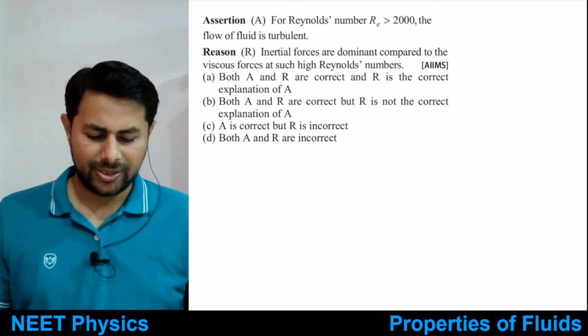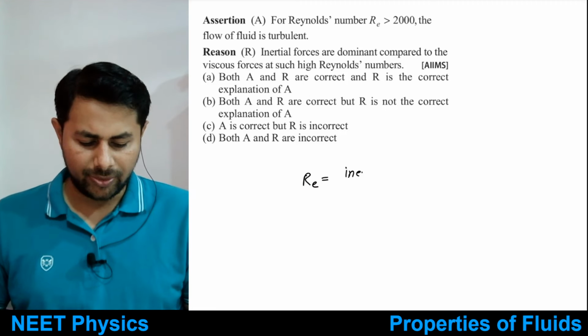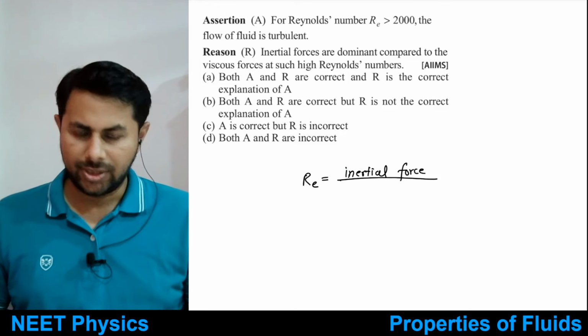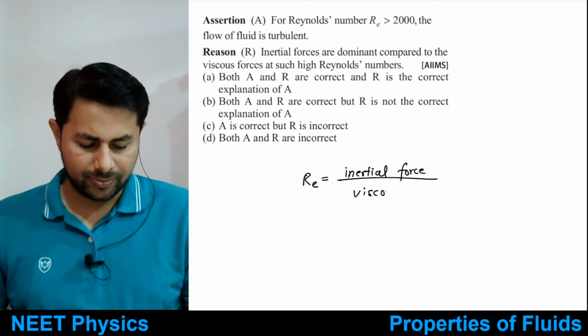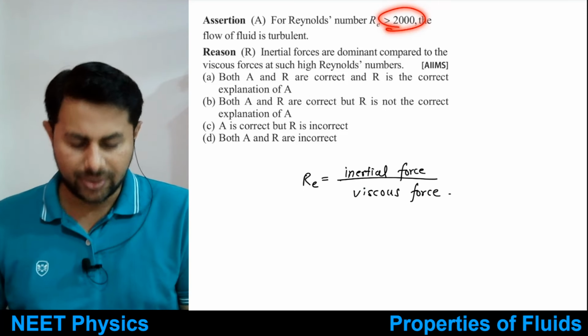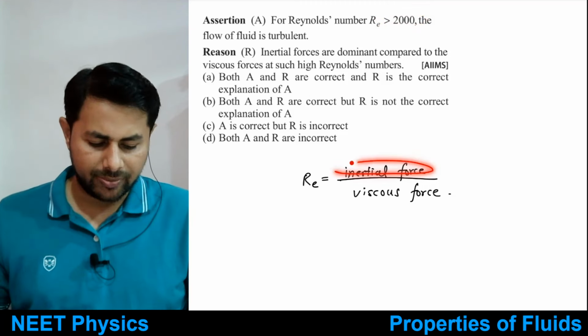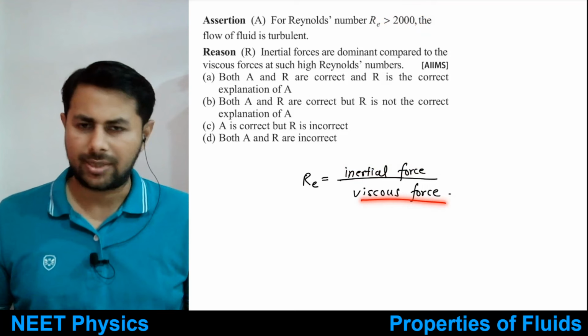So Reynolds number is high. What is Reynolds number? We saw it is the ratio of the inertial force to the viscous force. Okay, it is greater than 2000 means it's high Reynolds number. High Reynolds number means the numerator is more compared to that of the denominator.